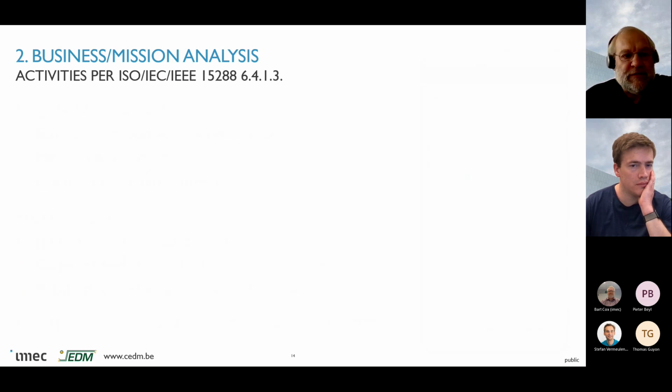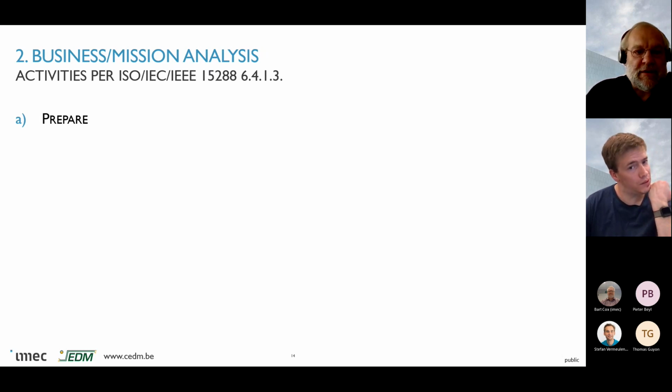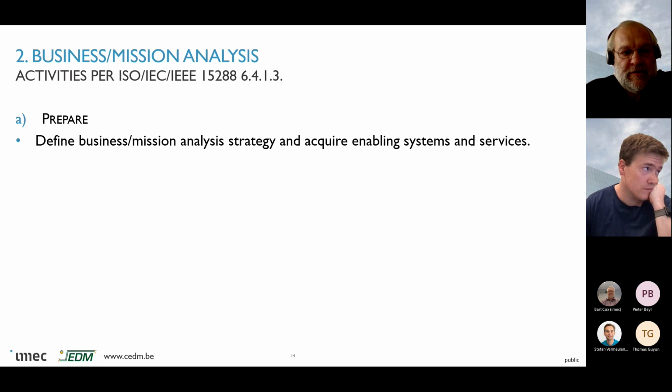Now, what are the activities that need to be executed in the business mission analysis according to the systems engineering standards? First of all, preparation. All the technical processes start with a preparation task, and it always starts with the definition of the strategy of the execution of the specific technical processes.